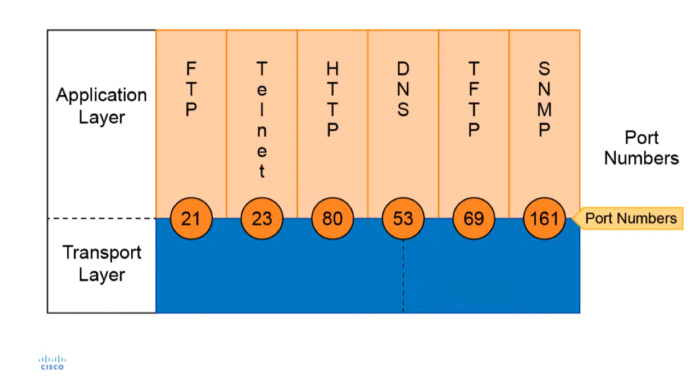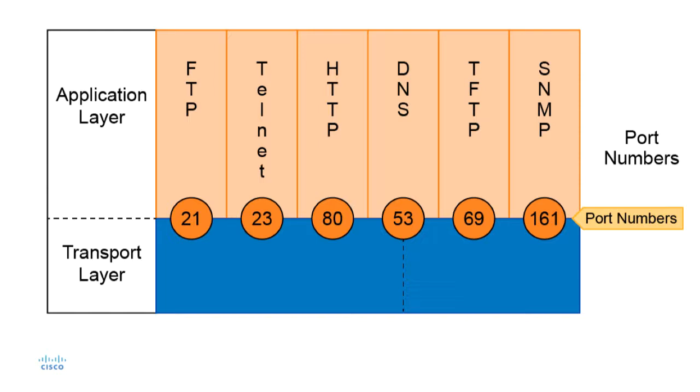We have TFTP and SNMP discussed previously, and those make use of UDP as their transport mechanism. The port numbers assigned to those applications are UDP port 69, or more specifically just port 69, and port 161 for SNMP. SNMP is also assigned port 162.